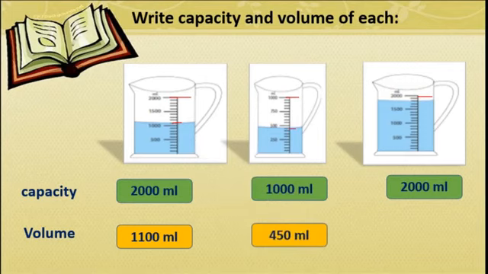And here you can see 1500 and 1600, 1700, 1800. So the volume is 1800 ml. I think you understand properly about the capacity and the volume, isn't it?